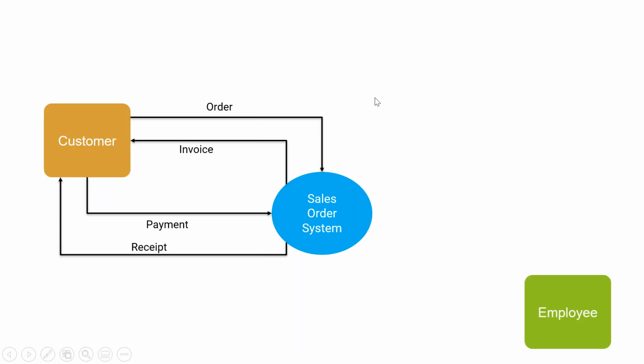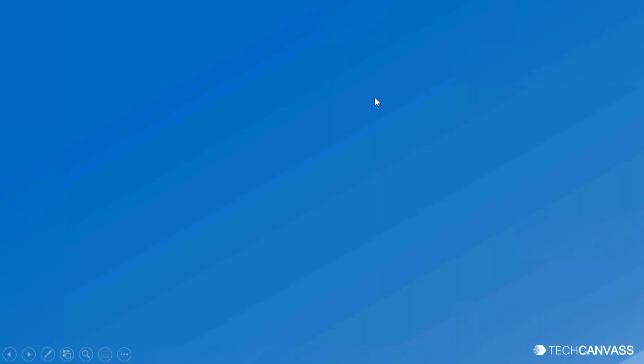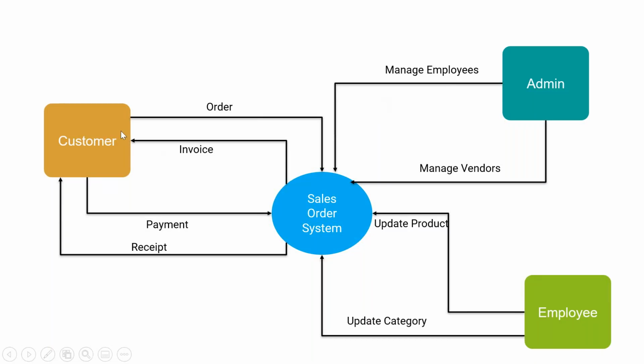One of them is customer, then employee, then admin. These are the three entities which have been mapped here. These three entities are going to interact with your sales order system to be able to perform most of the activities as mentioned in the paragraph.